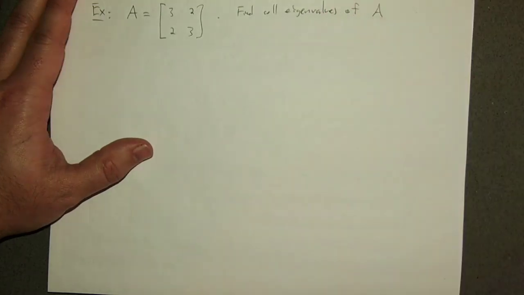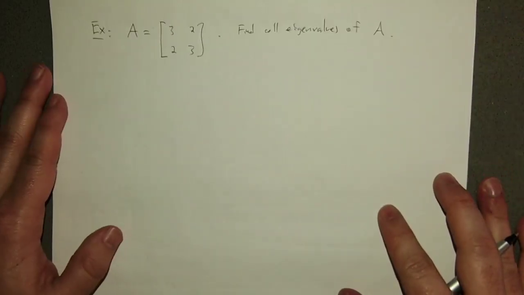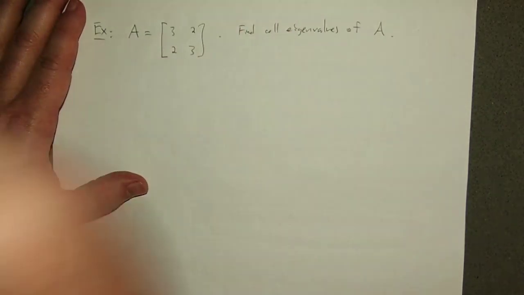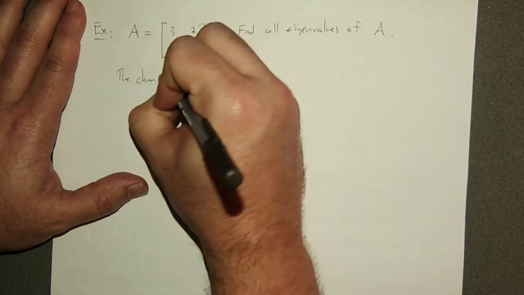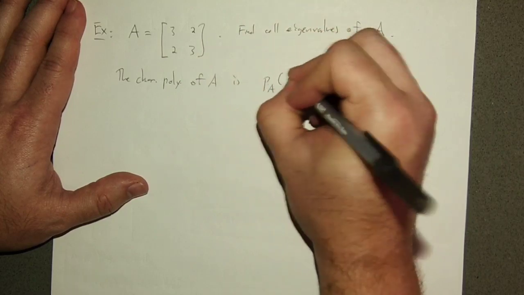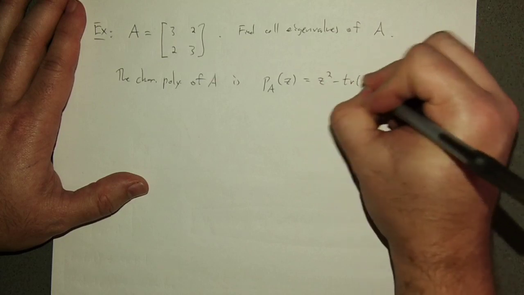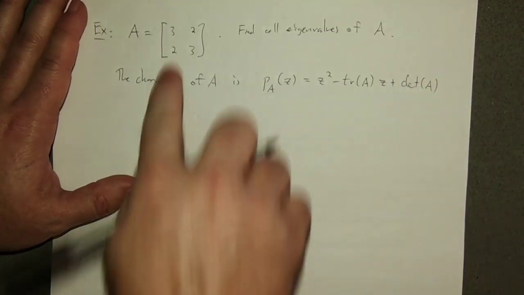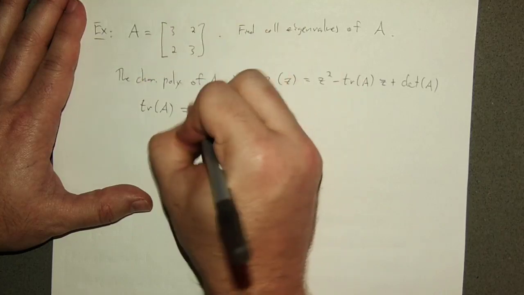Okay. So how do I find all eigenvalues of A here? The characteristic polynomial of A is P sub A of Z, which is Z squared minus the trace of A times Z, plus the determinant of A. So let's compute the trace of A. The trace of A is 3 plus 3, which is 6.